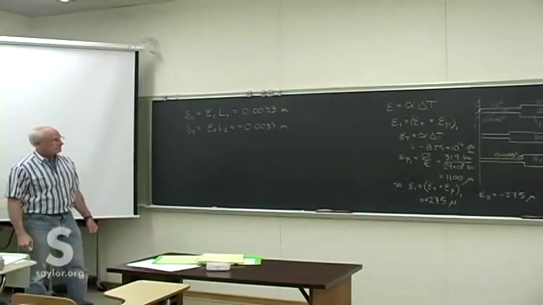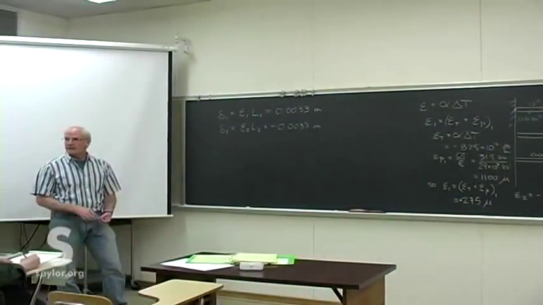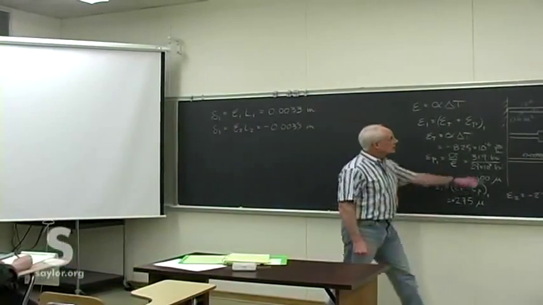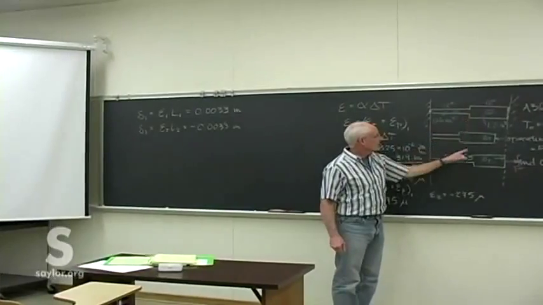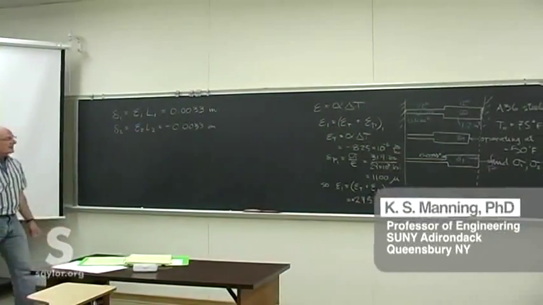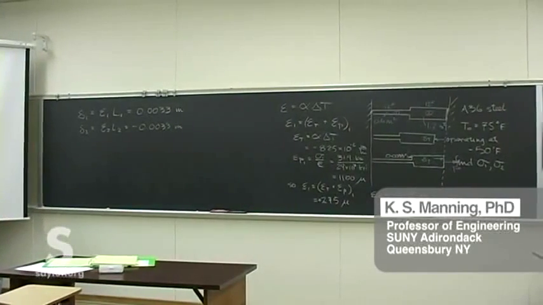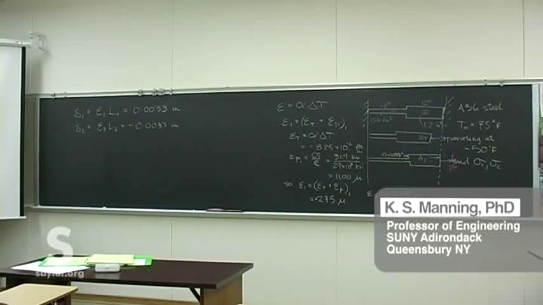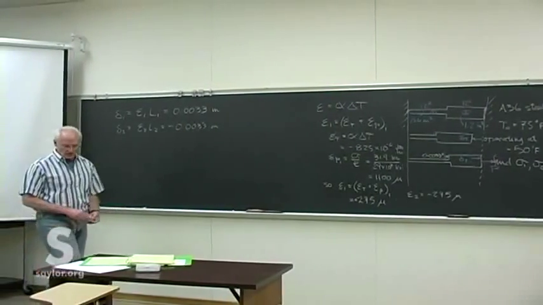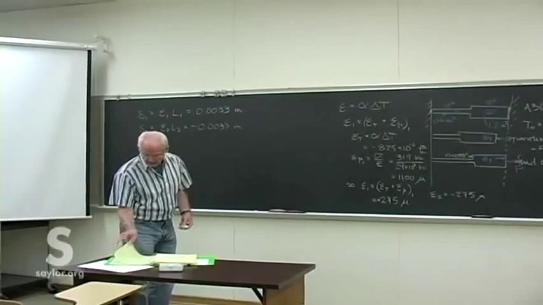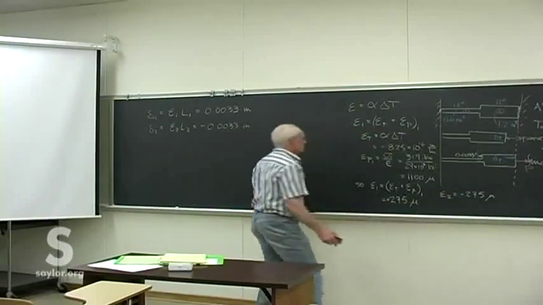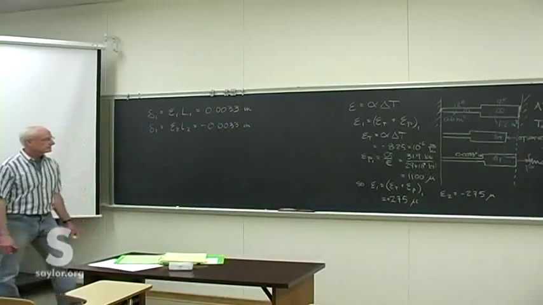I don't know that'd be obvious from the start. I think your intuition would tell you that the interface between the two different areas would probably stay at the same spot, but it doesn't. It actually shifts to the right. So if that's there because some part of the machine or structure connects there, that also has to be taken into account in addition to the stresses and strains in each of the different pieces.